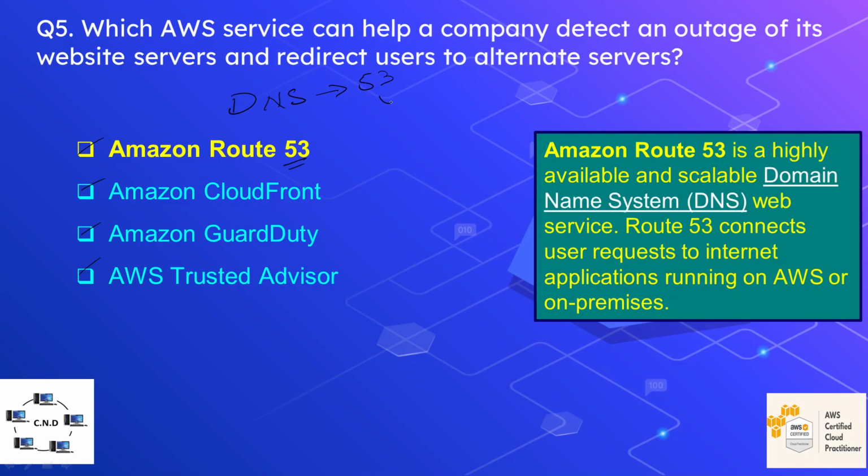It is basically UDP port 53. So Amazon Route 53 is Amazon's DNS service that routes user traffic to the customers' applications inside the AWS Cloud.